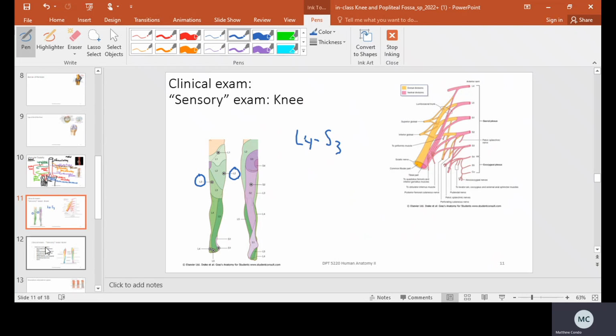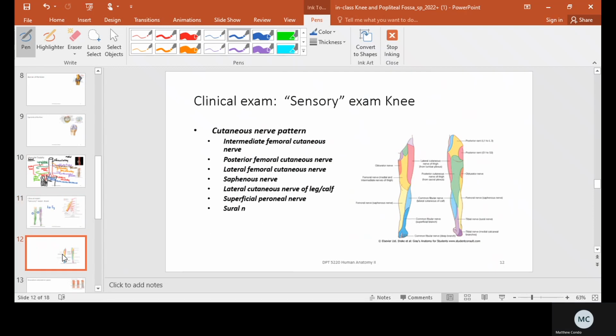All right, so know your dermatomes, please, please, please. The other thing to note here, which tripped some folks up last semester, is the difference between dermatomes and cutaneous nerves.